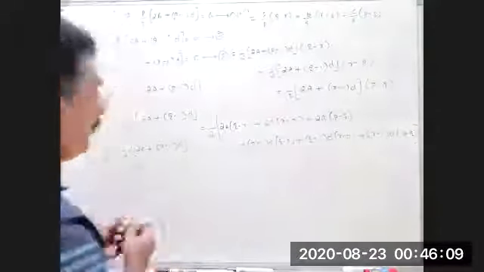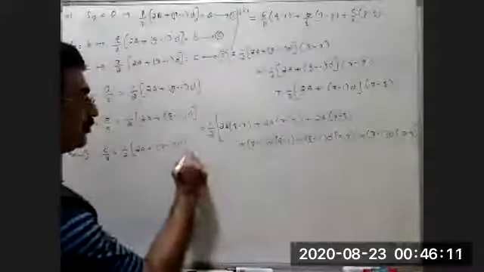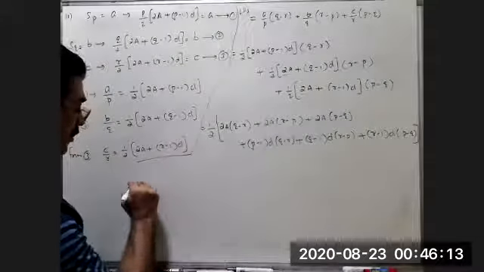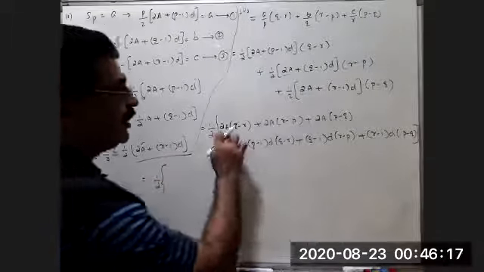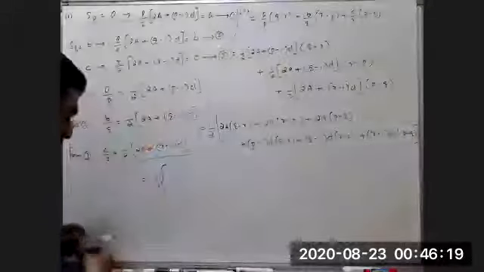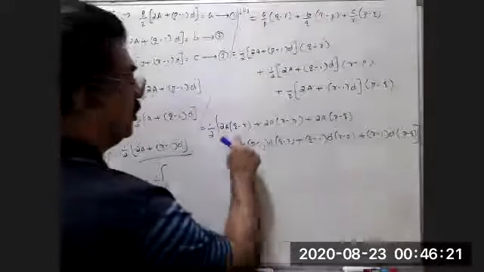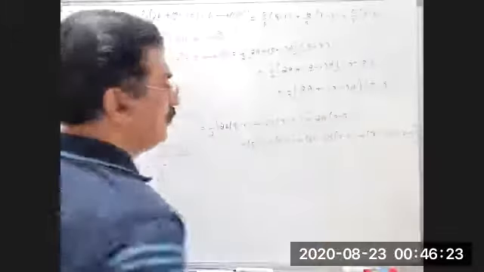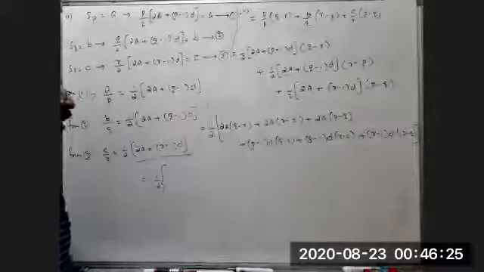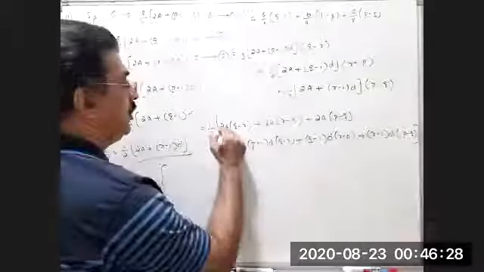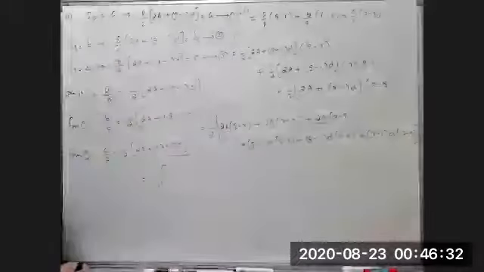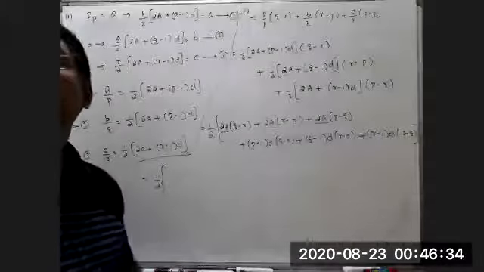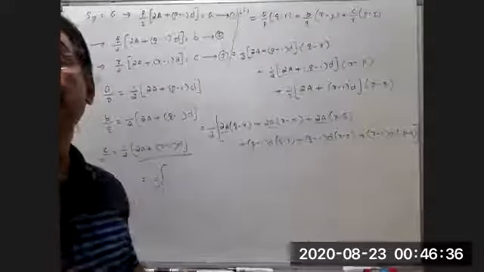Now what we do is this 1 by 2, give it out. This 1 by 2 is out. Now from these three terms, first term, second term, third term, do we see any common factor? You can see 2A, 2A, 2A is common. So that 2A is common.